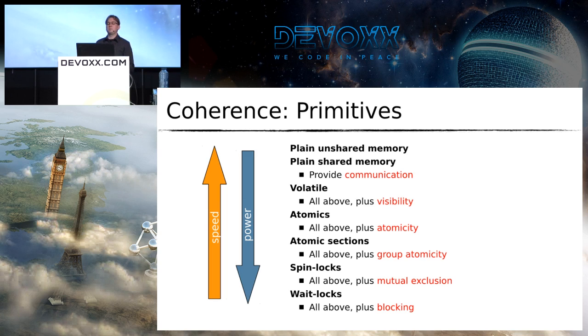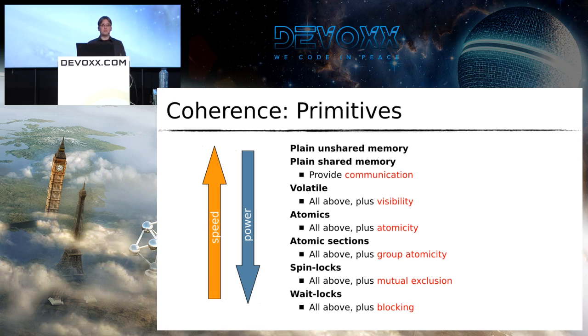So we start with plain unshared memory, meaning that we don't share any particular memory between the threads. It has the least power possible. You can't do anything with this memory. You can't actually use that to communicate with other threads. The harder primitive is the shared memory, which provides you with the means of communication.